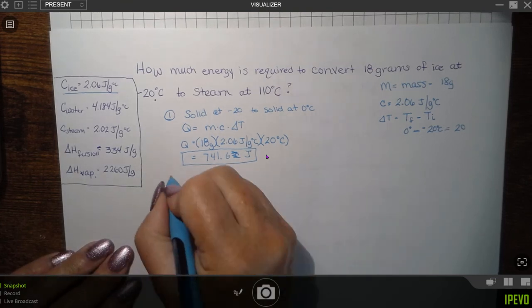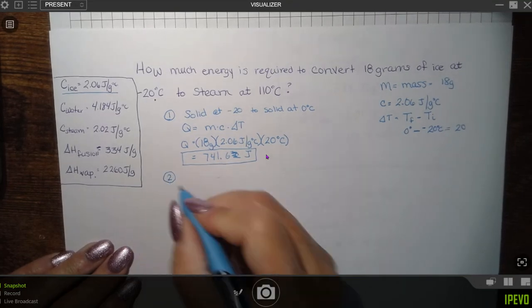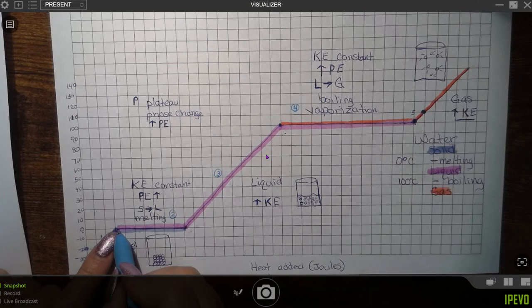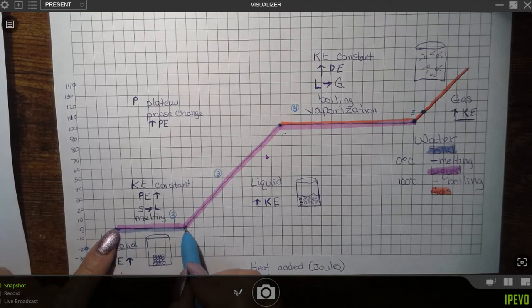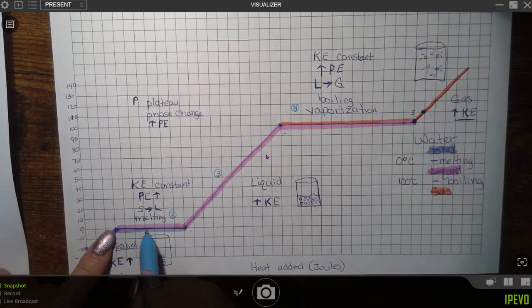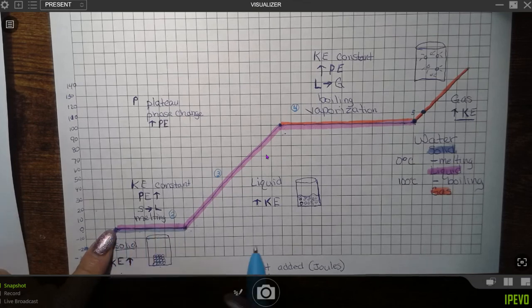So step 2, let's look at our graph. What is step 2? Step 2 is when we have solid ice to start and we melt it so that at the end our total 18 grams is liquid water. Notice as we're going through here, there is no change in temperature, so we can't use the same formula.